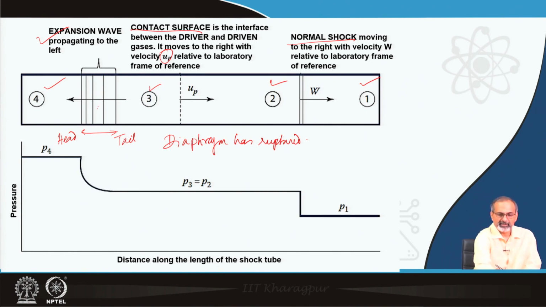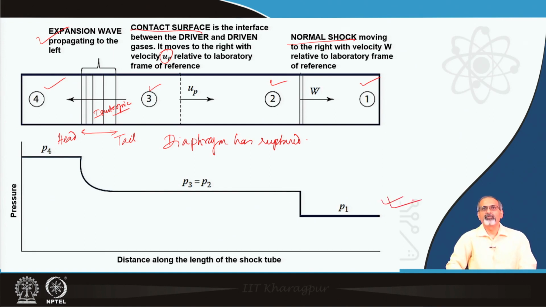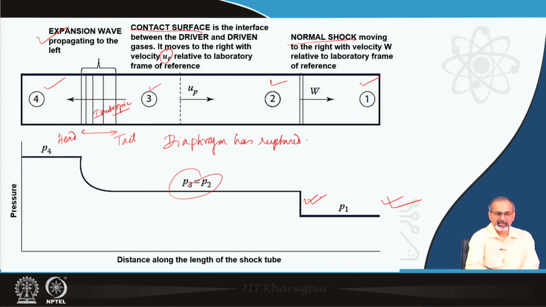Of course, this is an isentropic phenomenon, and you see the variation of pressure in the different portions, P 1 in region 1, P 2 equal to P 3 in region 2. There is a step jump here because of the shock. There is a gradual change of pressure in this region because of the isentropic expansion.